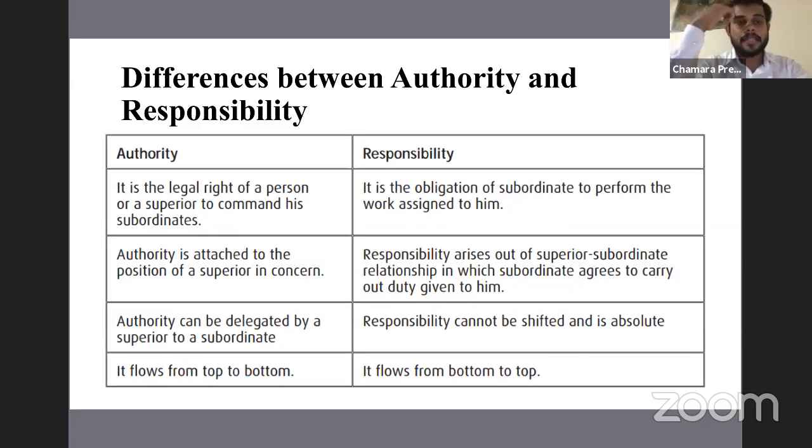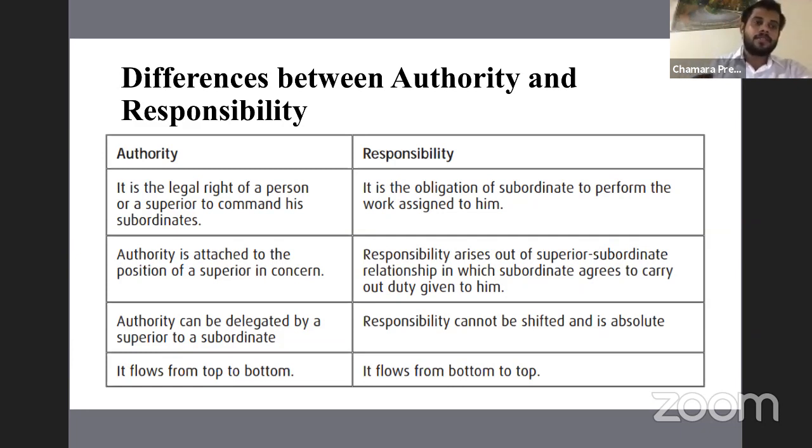Why we say that is because responsibility cannot be transferred or shifted. When I was given a certain responsibility, I actually have to do it, right? So I can't transfer it to somebody else. Responsibility cannot be shifted. It flows from bottom to top. Why we say it flows from bottom to top is because my boss is giving me some work or task, and I'm responsible for that.